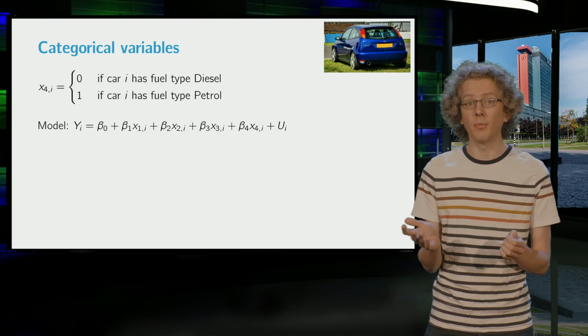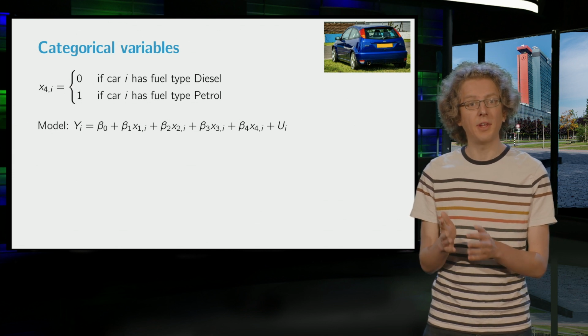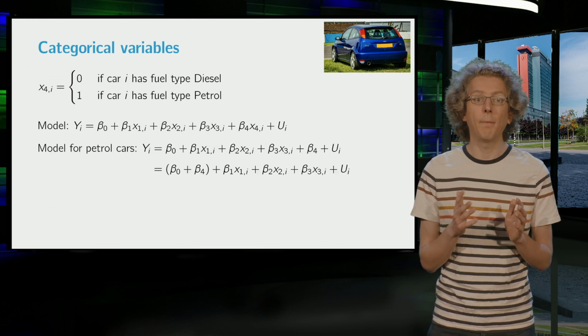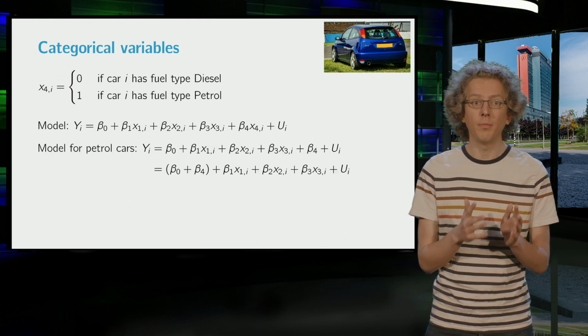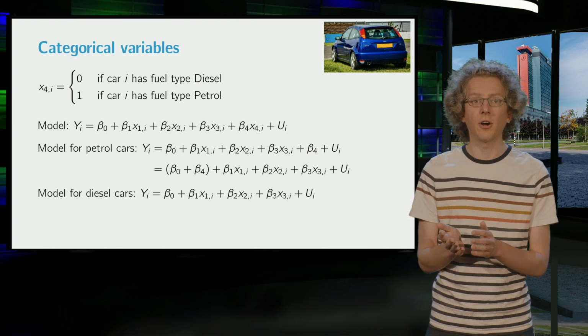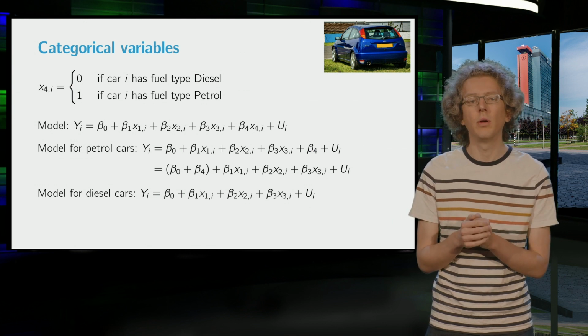And let's add this to our model. We get an extra term, beta 4 times x4i. In this way, the fitted price for a petrol car will contain a term beta 4 hat times 1, whereas the fitted price for a diesel car will contain a term beta 4 hat times 0, which is 0.